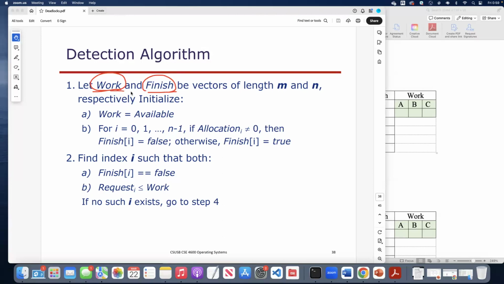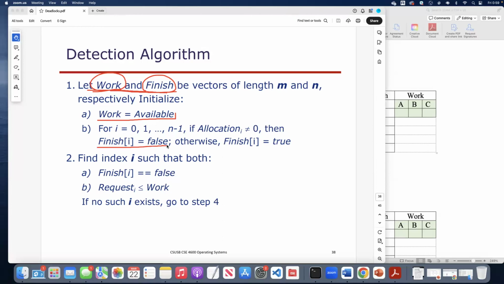These two vectors are very similar to the two vectors we used in the banker's algorithm. The first step, we initialize work and finish. Work is initialized as the available vector.